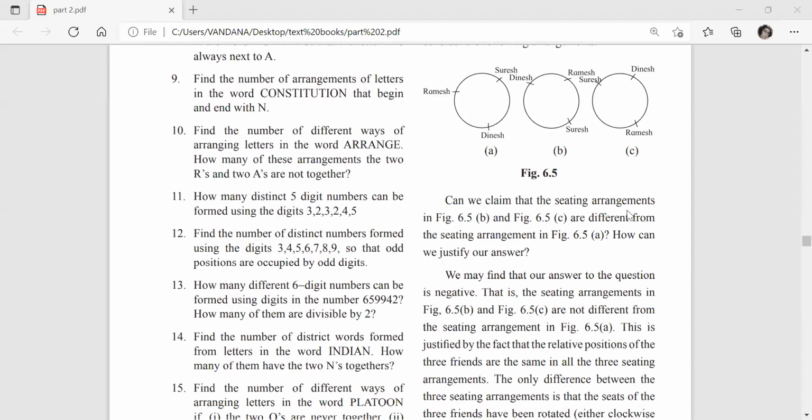How many different 6-digit numbers can be formed using the digits in the number 6pi9942? How many of them are divisible by 2? We'll first find out how many are formed.